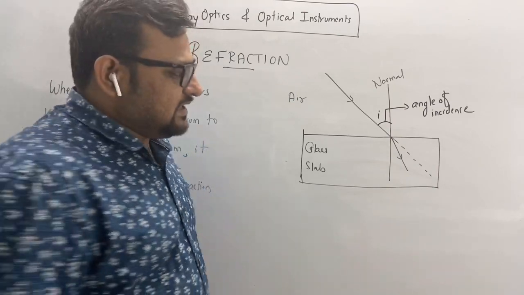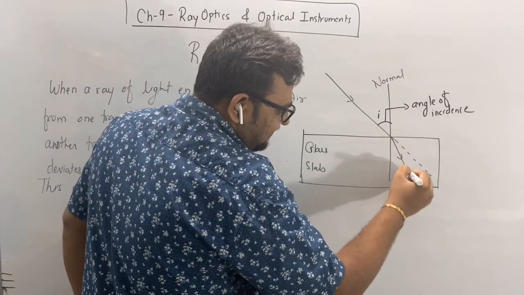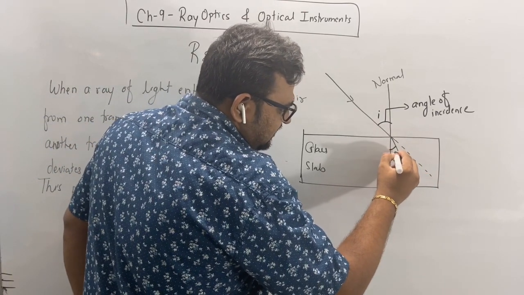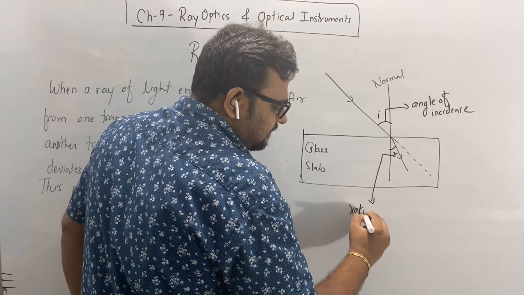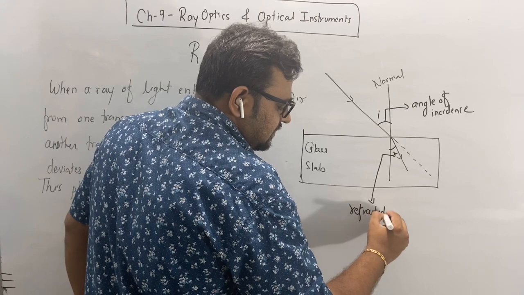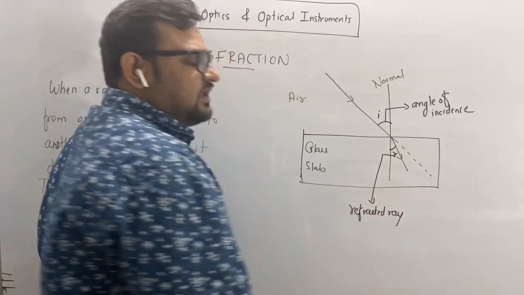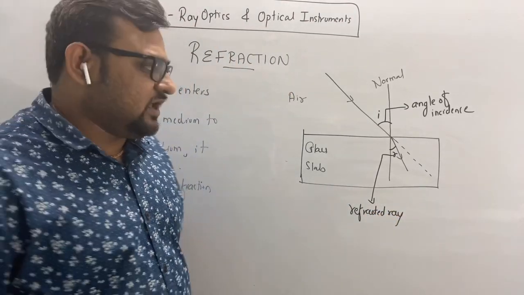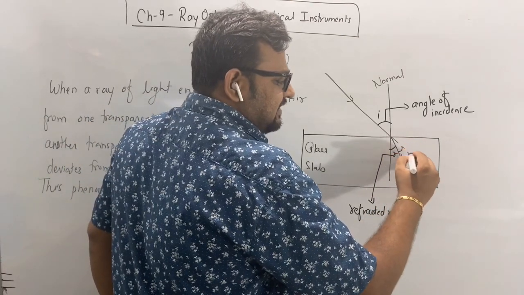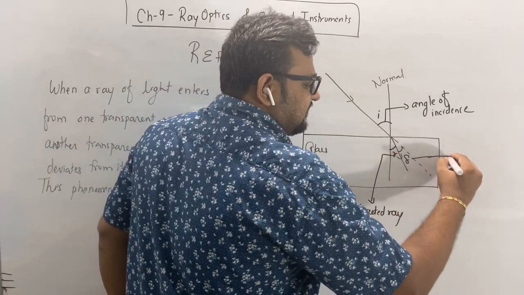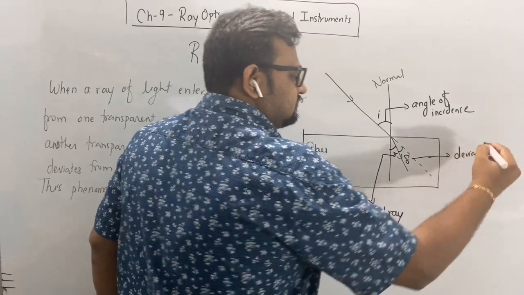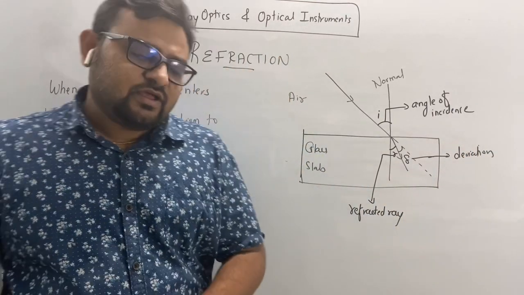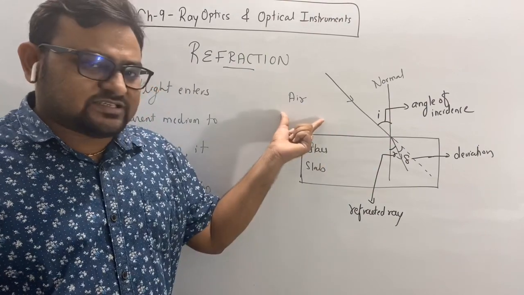And the angle made by the refracted ray with the normal is called the angle of refraction. And this angle is the deviation. Clear? Remember, see, here it's air.